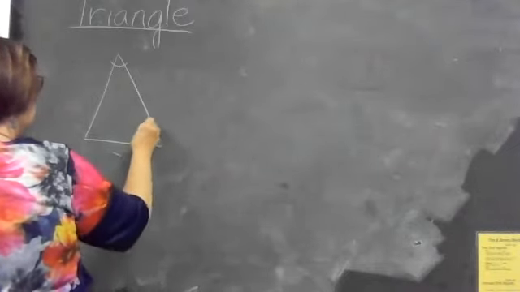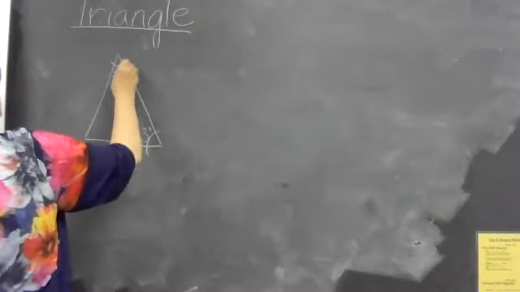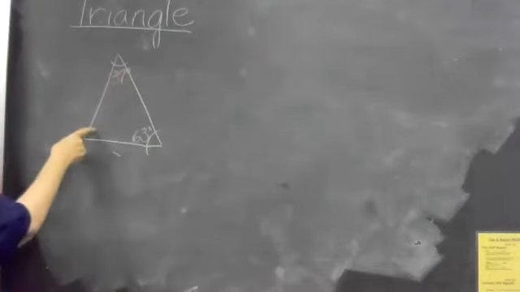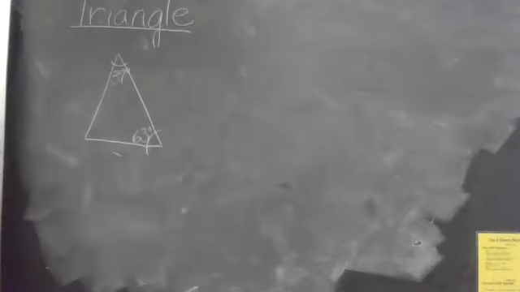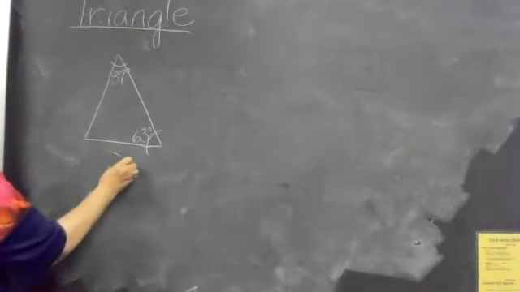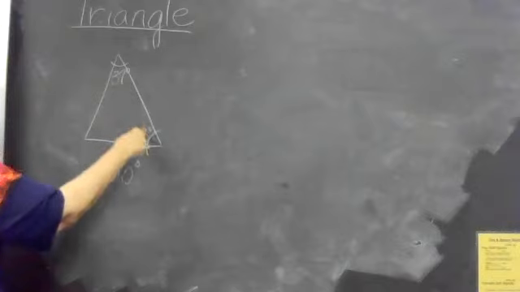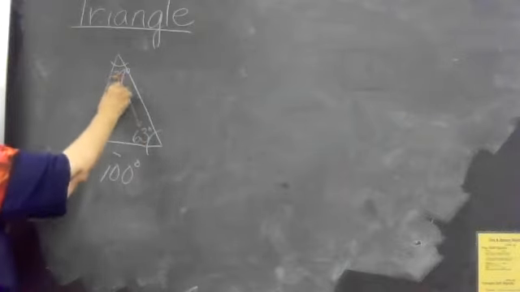It says that I have 37, and then it doesn't have anything here, but we know if I add all three, it never changes. It's always 180 degrees. So if we add these two together, we'll know what we have so far. I added these two together and got 100 degrees between these two.